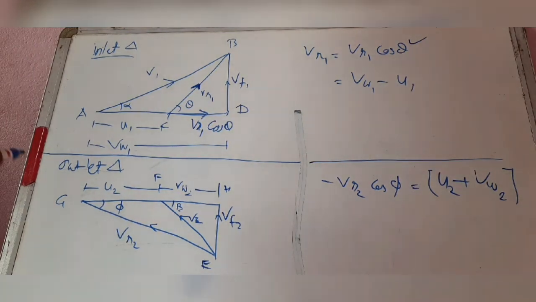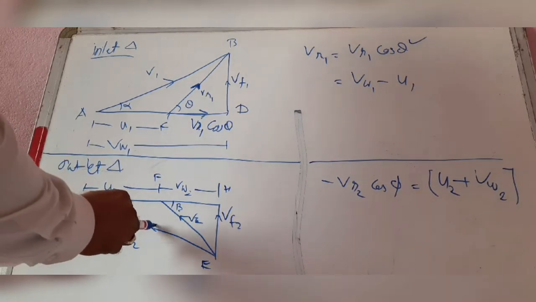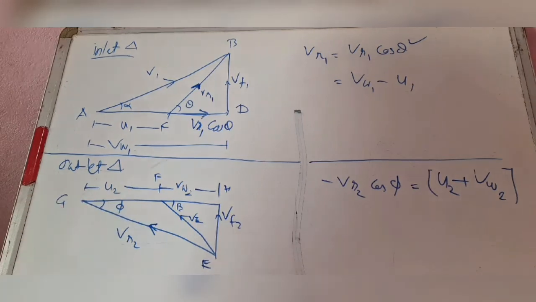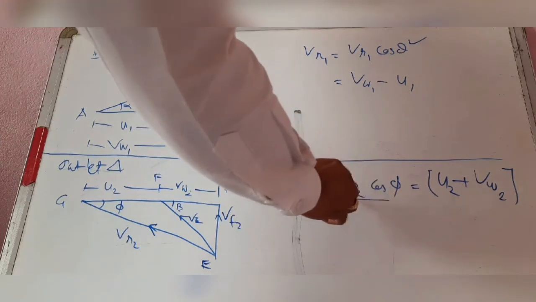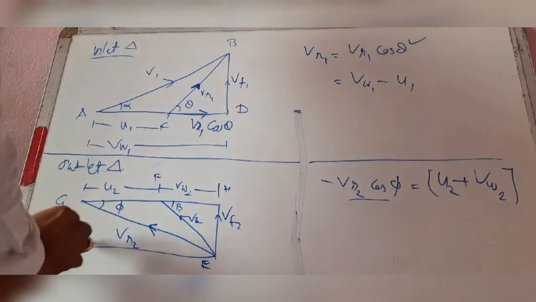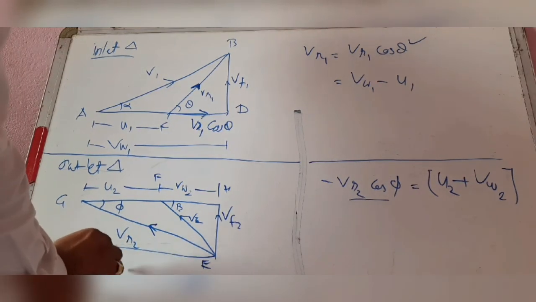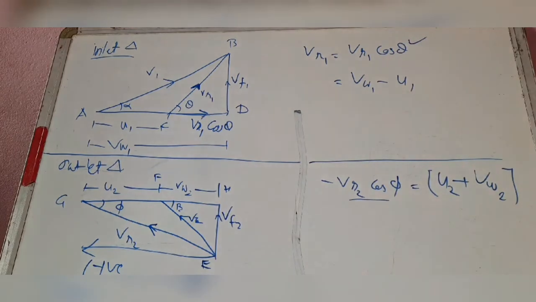At the outlet, we have to find VR2. The component in this direction is VR2 cos phi. The direction is negative because this component comes in the negative direction compared to the jet.